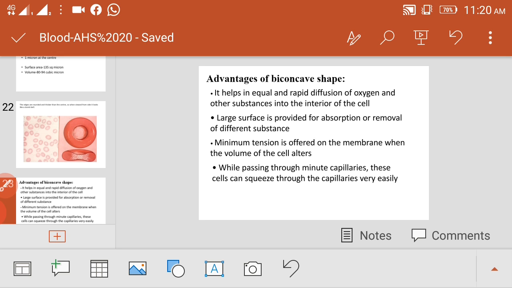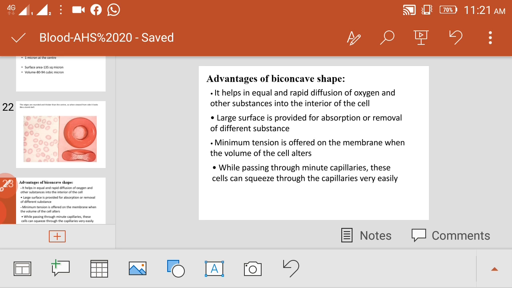That means if there is any alteration in the volume of the cells, it will provide a minimum tension. Otherwise, if the tension on the cell is more, the circulation of the blood will increase, so the blood pressure will increase. So it will provide a minimum tension if there is any alteration in the volume of the blood.